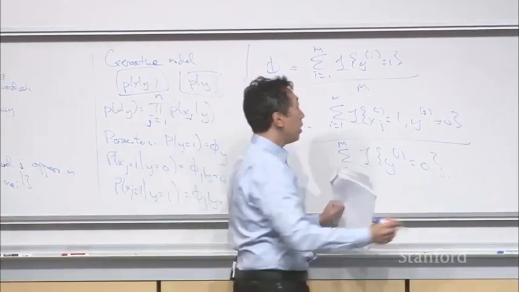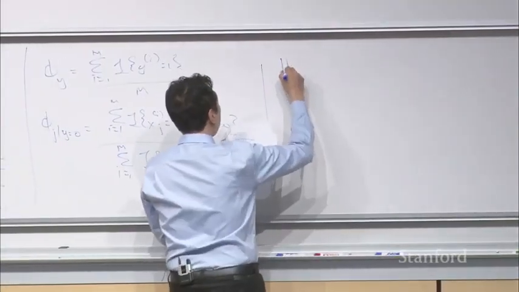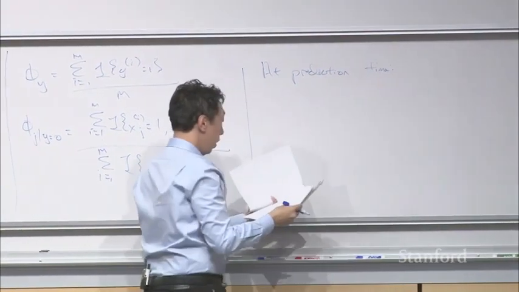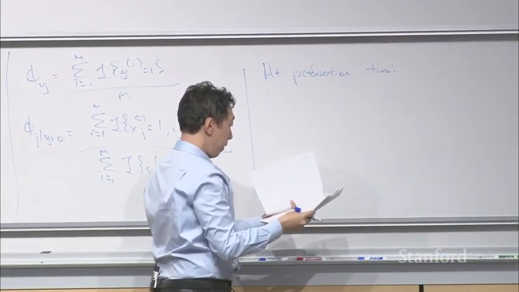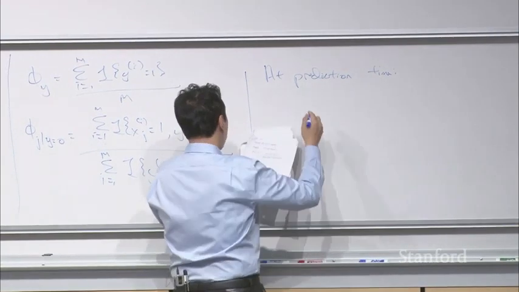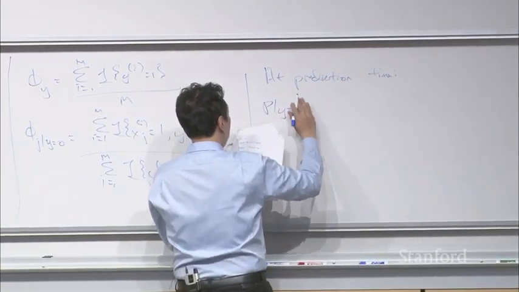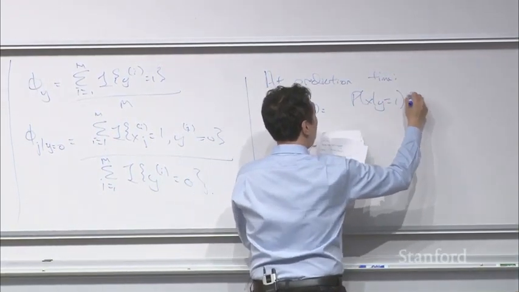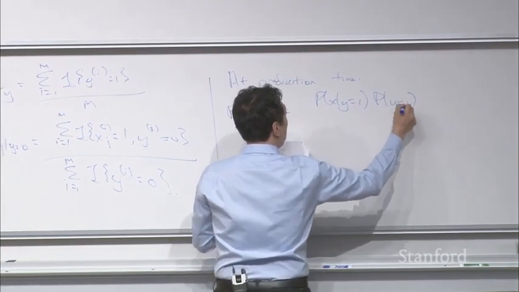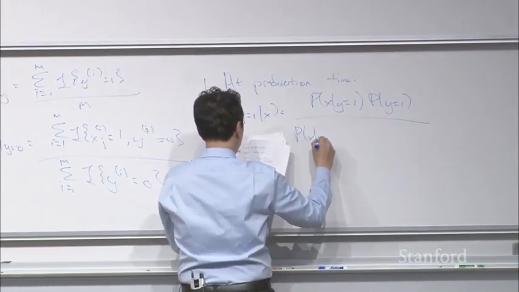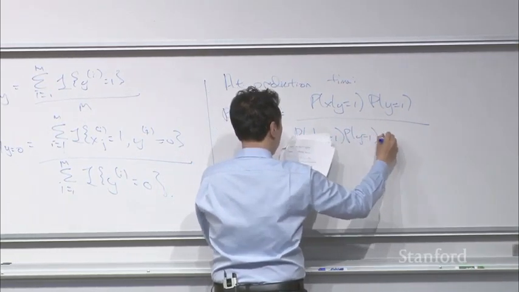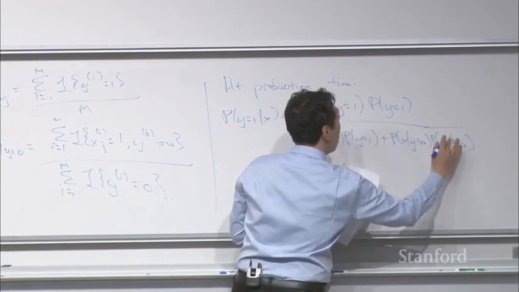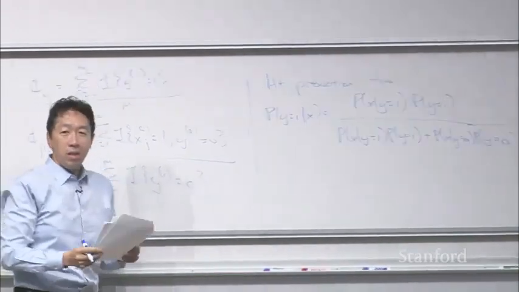Right? And then finally, at prediction time, you will calculate P of y equals 1 given x. This is kind of according to Bayes' rule.